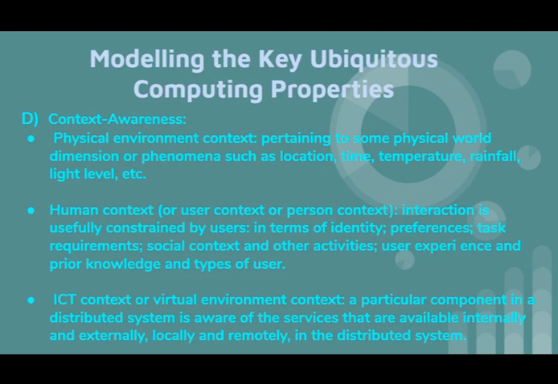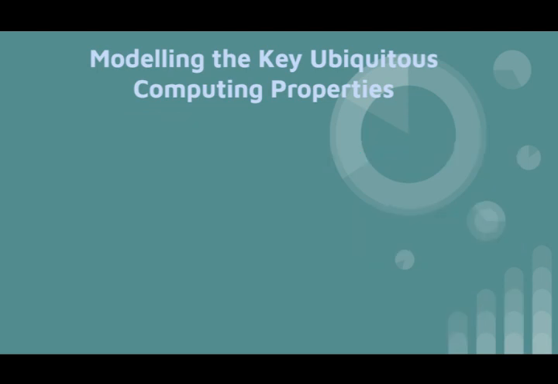For example, you have a weather application on your mobile. It will give you knowledge regarding whether there will be rain or winter, and what the temperature is right now in your area. So this is context awareness. Your mobile is among the most ubiquitous devices that you have. So this is the fourth property, context awareness.